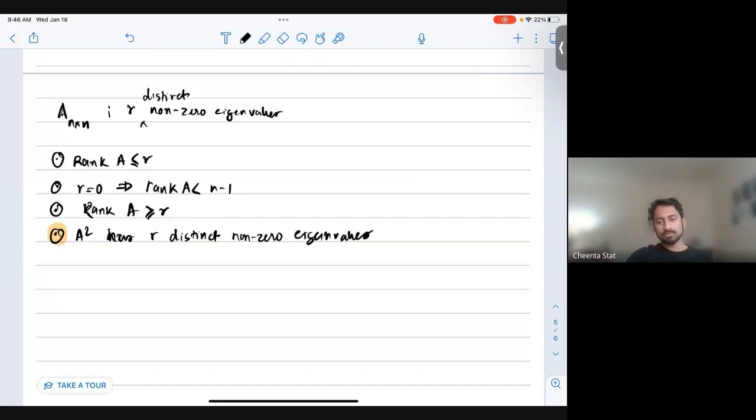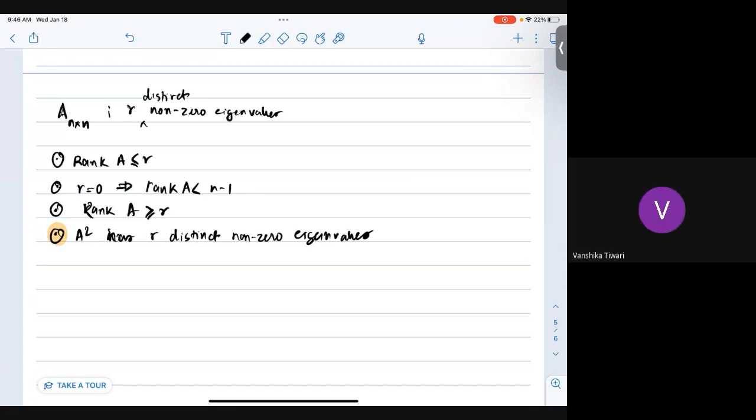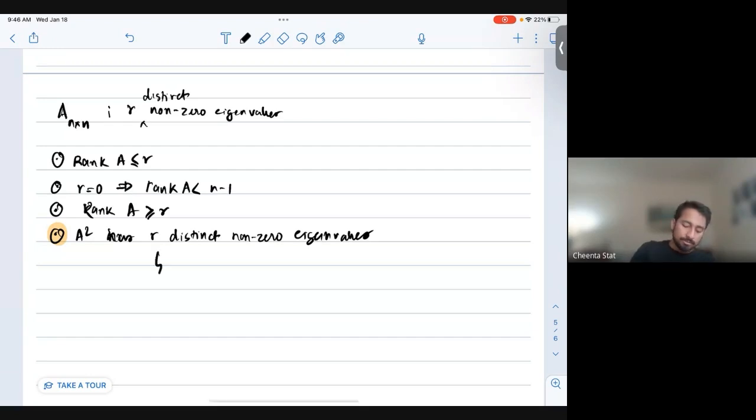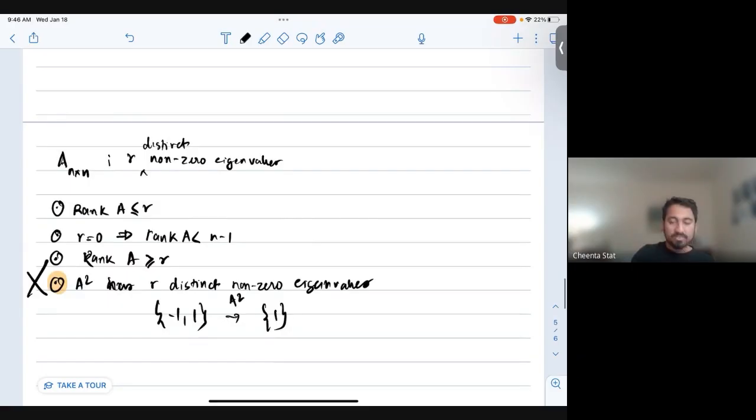Yeah, Vamshika? Because two eigenvalues could be n and minus n, and then the square. Very good. So it can have minus 1 and 1, and it can become 1 after squaring. Okay, so therefore, this is not true. Very good, guys.